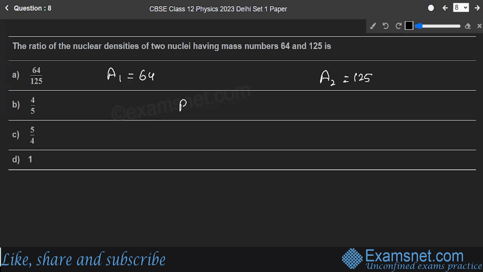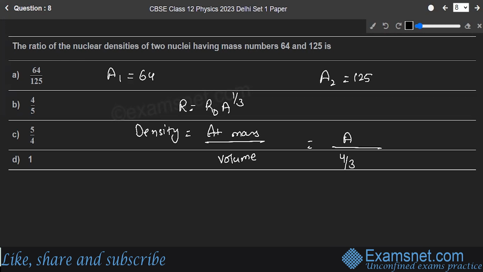You have R given by R naught into A raised to the power 1 by 3. Density is known as atomic mass upon volume. So this is equal to A upon 4 by 3 pi r cube.